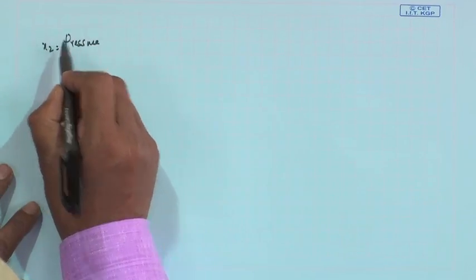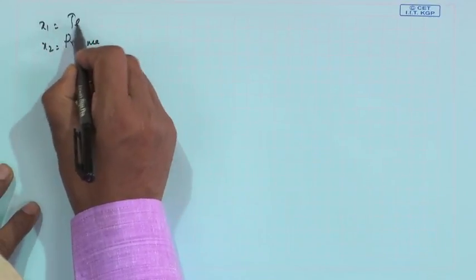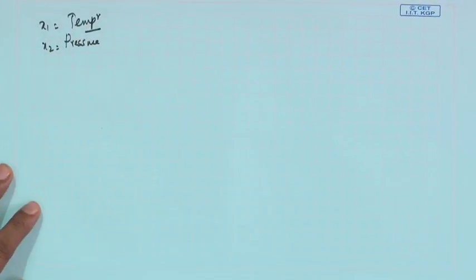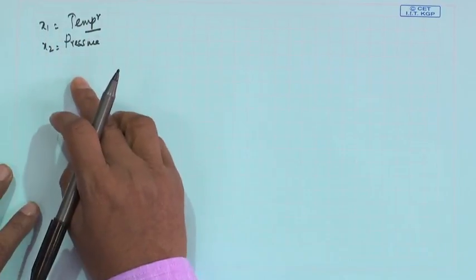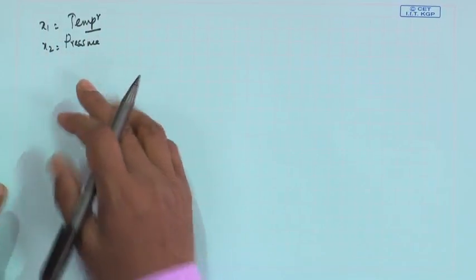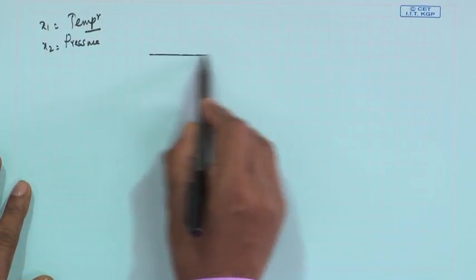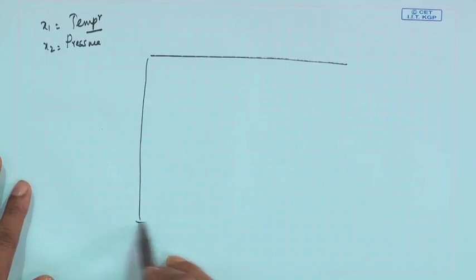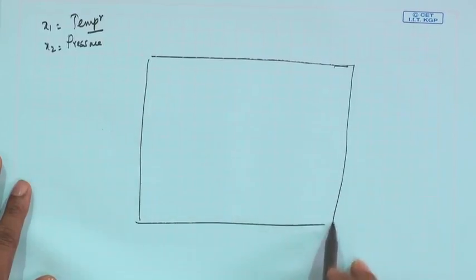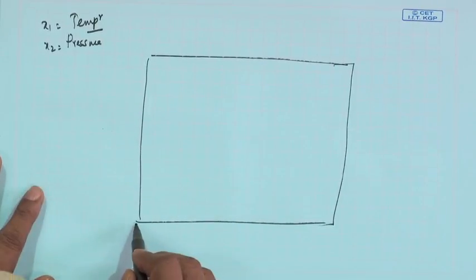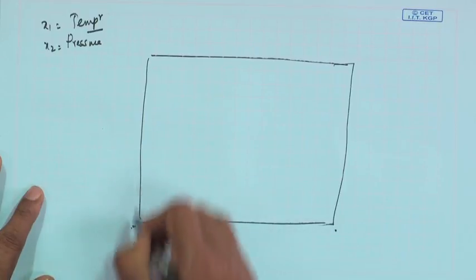Pressure may be x2, temperature is x1. So these are basically the controllable factors. This will give you the design space where you will operate. This is the overall operating zone, meaning temperature from here to here, pressure from here to here.